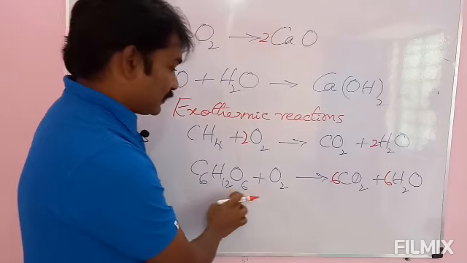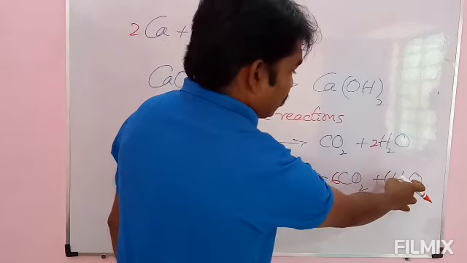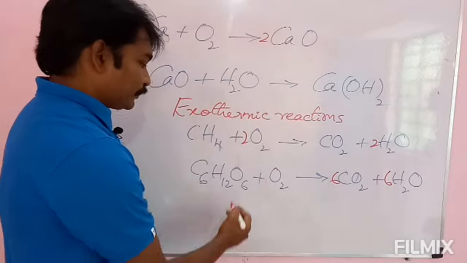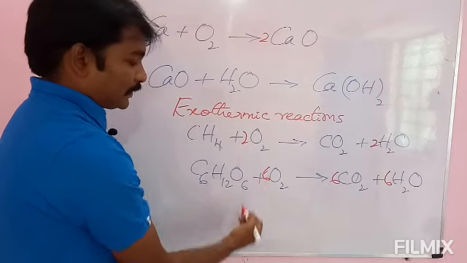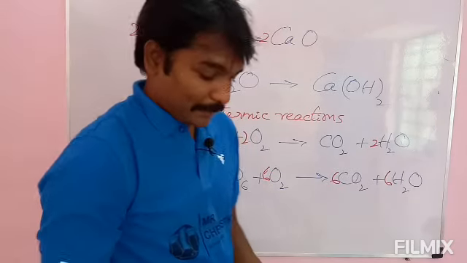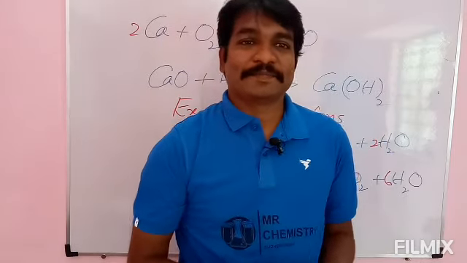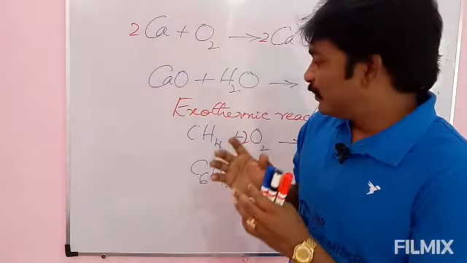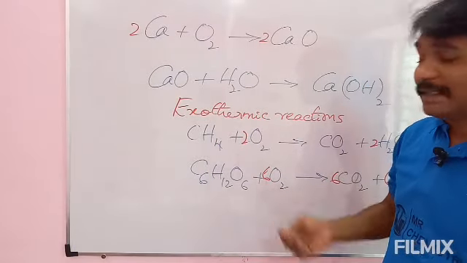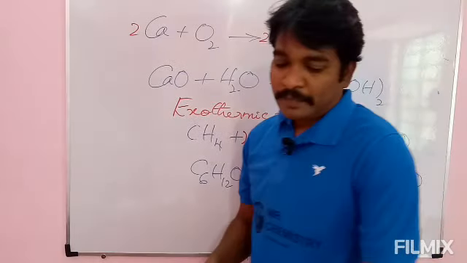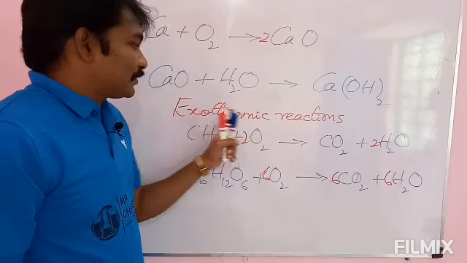And oxygens: 6 here, 2 are there, 6 twos are 12, 12 plus 6 is 18. Balanced. Balancing equations is something like a simple puzzle game. If we have interest, it is easy to balance the equations. And heat-releasing reactions are exothermic reactions.